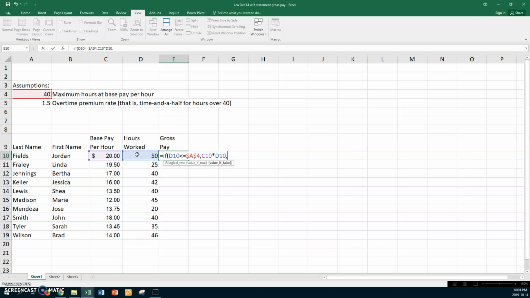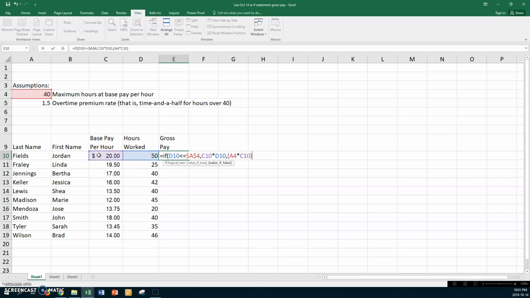However, if not, then open your parentheses here. We take your 40 hours, which is A4, times your base pay. That's going to give you your regular pay. Close your parentheses.